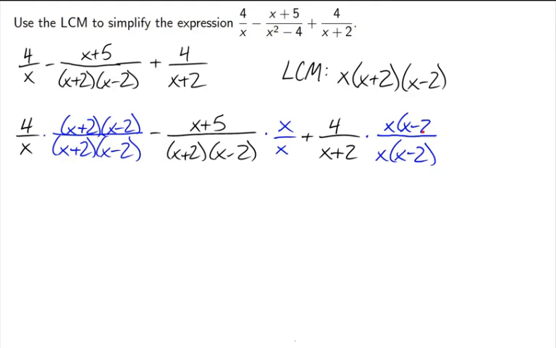So let's take a look at this. If I just simplify what I have here, I end up with 4, and on top I'm going to go ahead and multiply this out. This was x squared minus 4 when we did it earlier, so let's just use that.